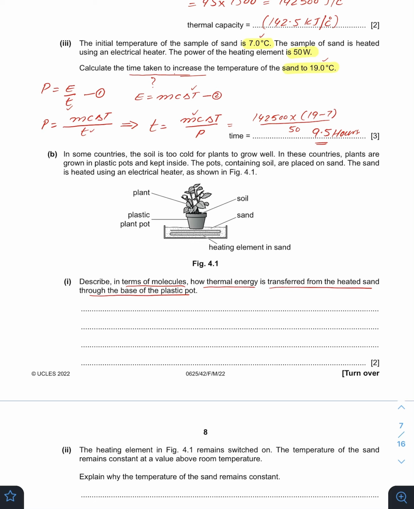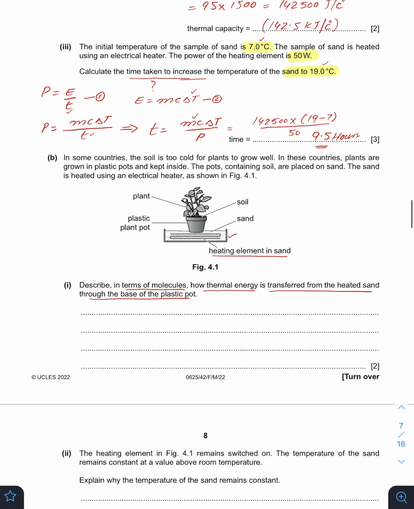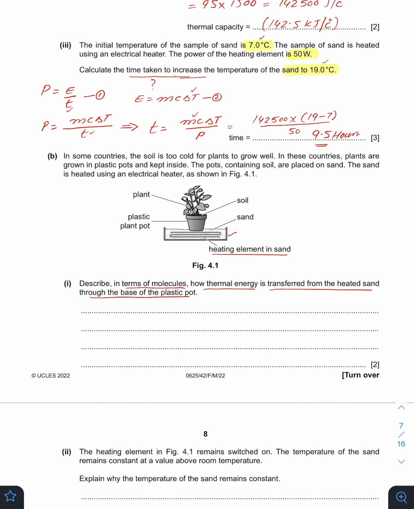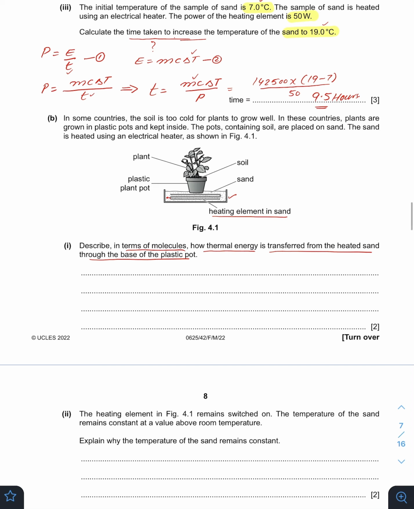You can see in this diagram a heating element is present in the sand. So when the heating element turns on, it transfers the heat to sand molecules. Sand molecules take energy from the heater and transfer it to the pot. It's better to write sand particles.